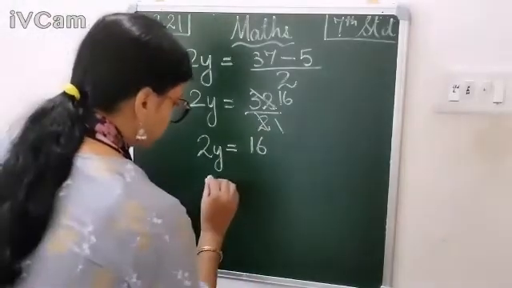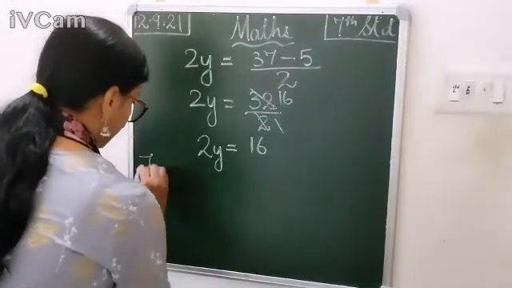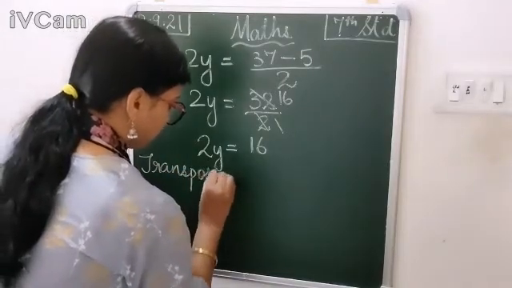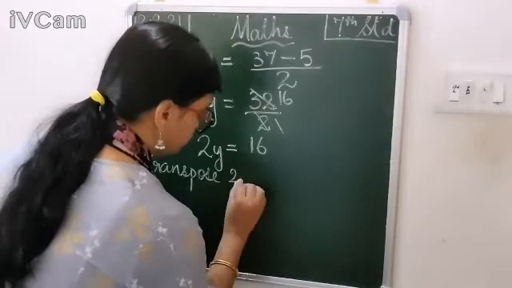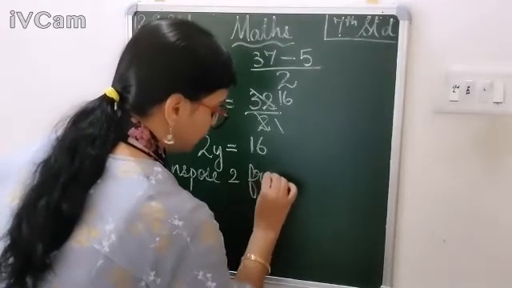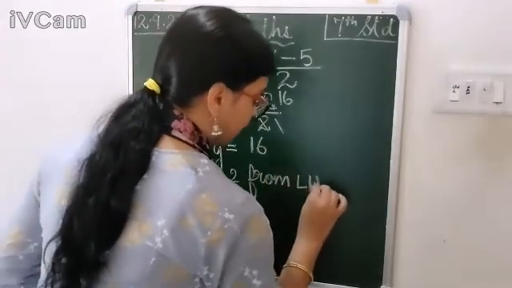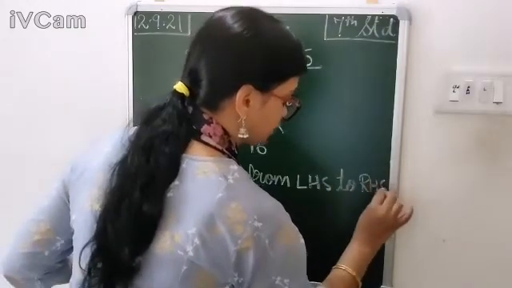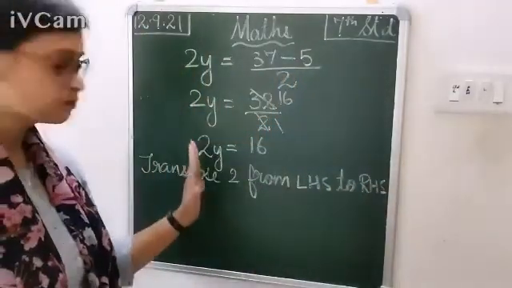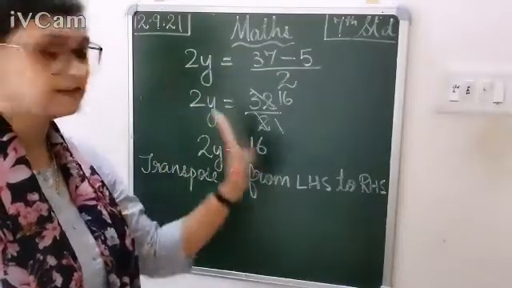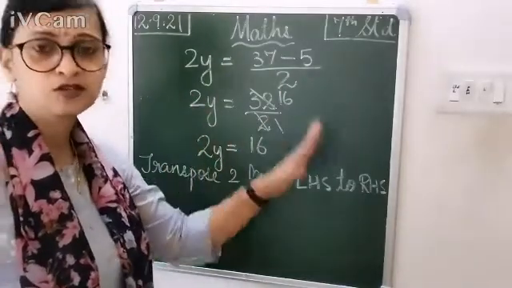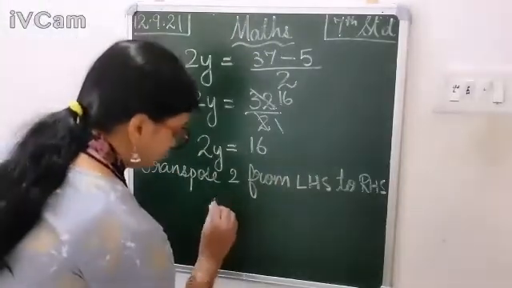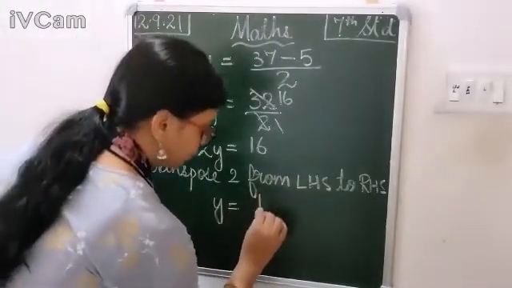So which means you will write down transpose 2 from LHS to RHS. So when you transpose this 2 from your left-hand side to the right-hand side, this will come to the denominator, which means you will write y is equal to 16.